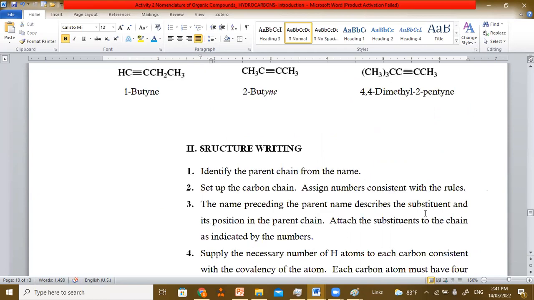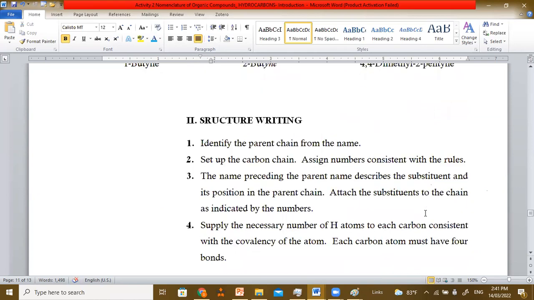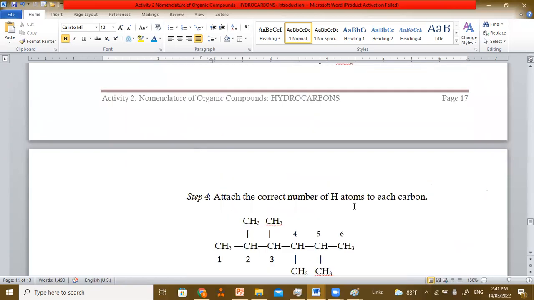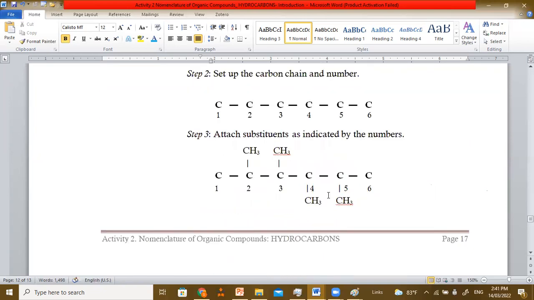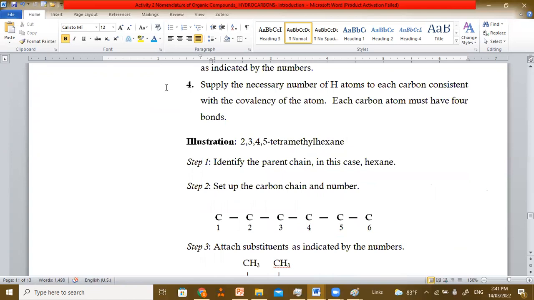Okay, it's very simple. And then when we start structure writing, the first one is we always start with the parent chain. Again, as I've mentioned earlier, when we name, substituent comes first, then the parent chain. So when we look at the naming, for example, let's say here as an example.